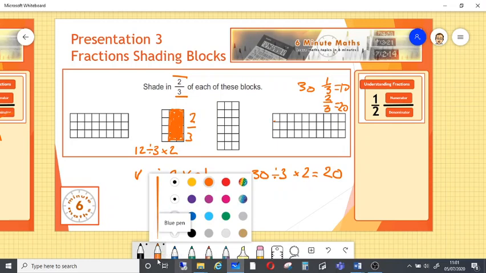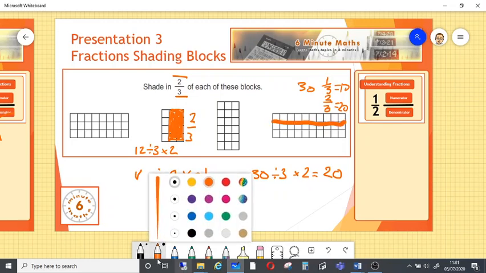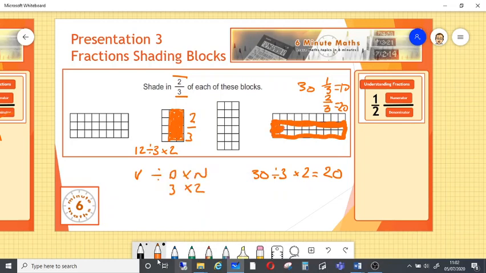See if this works. That's easier, isn't it? Not got the straightest of lines, but there we go. 2/3 of 30 blocks is 20 blocks. Okay, we're all done. Thanks for watching.